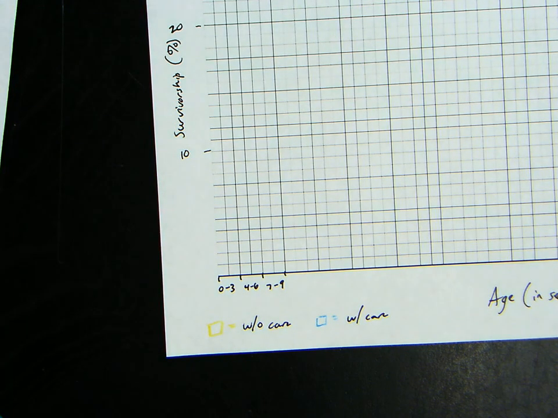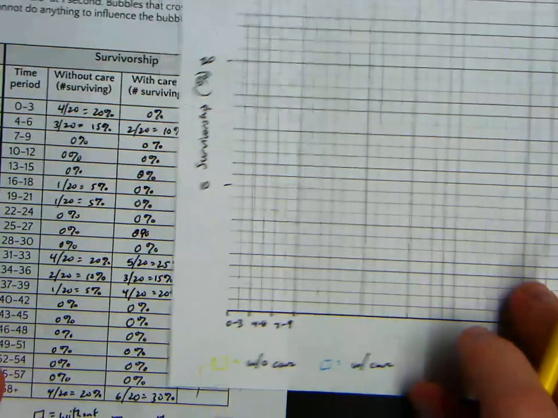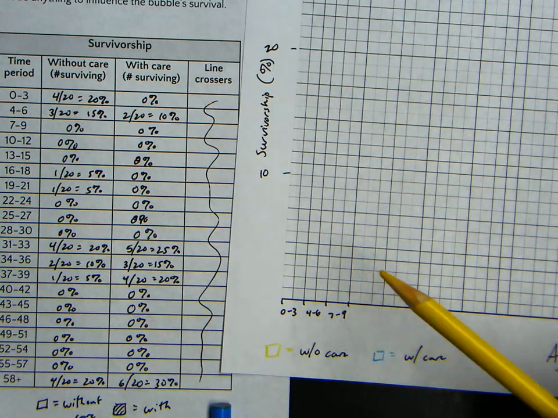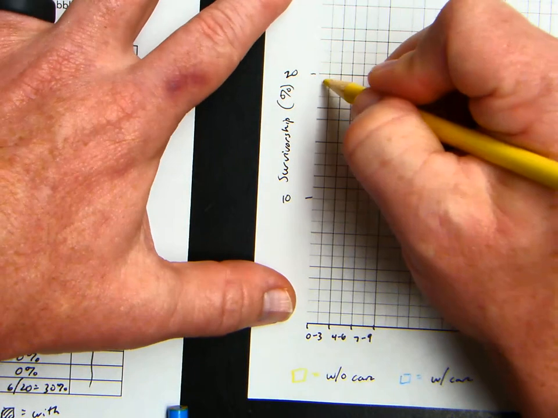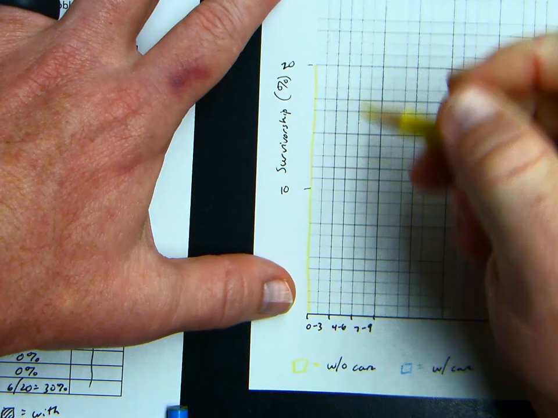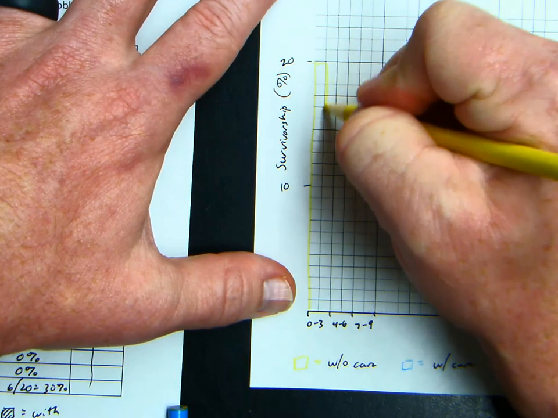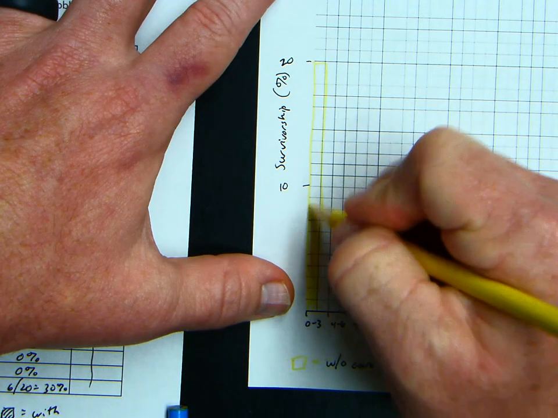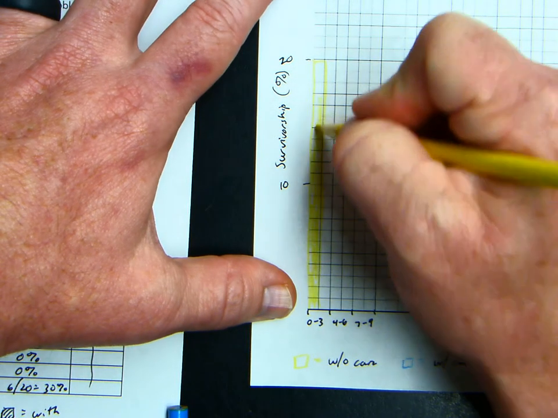All right, so for my data point, you can see for 0 to 3, 20% survived. So for my without care, I'll do that, color it in.